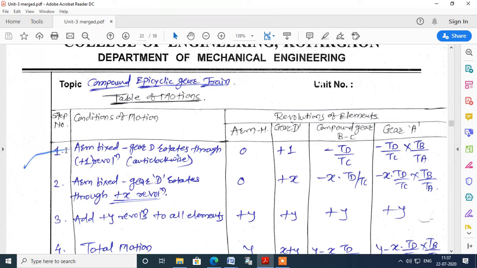So the first column is step number, the second one is conditions of motion, the third one is revolutions of elements. Now here let us say arm is fixed, so arm H, then sun gear D, to which we are giving the power. Gear D is meshing with C, so compound gear BC, and then B is meshing with A, so last is gear A. So how many elements? 1, 2, 3 and 4.